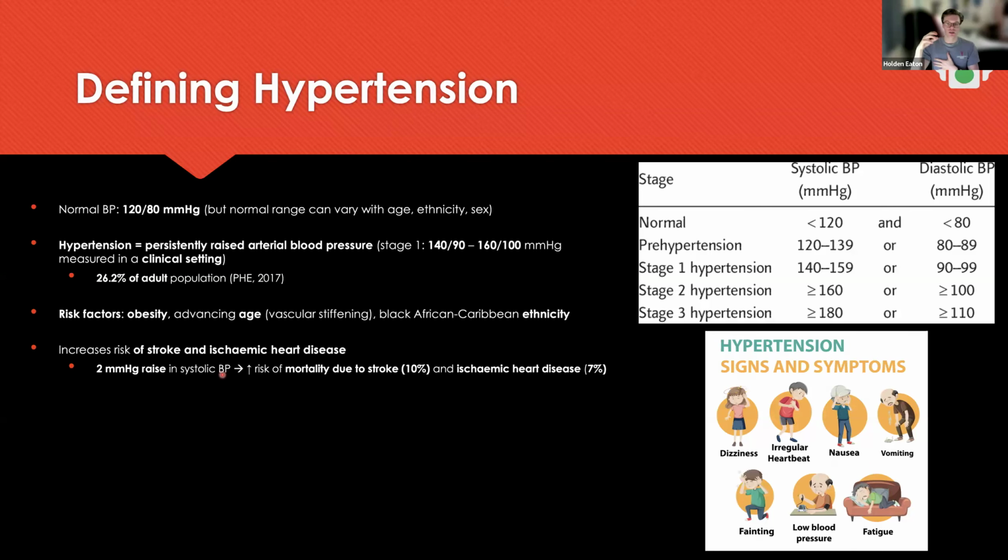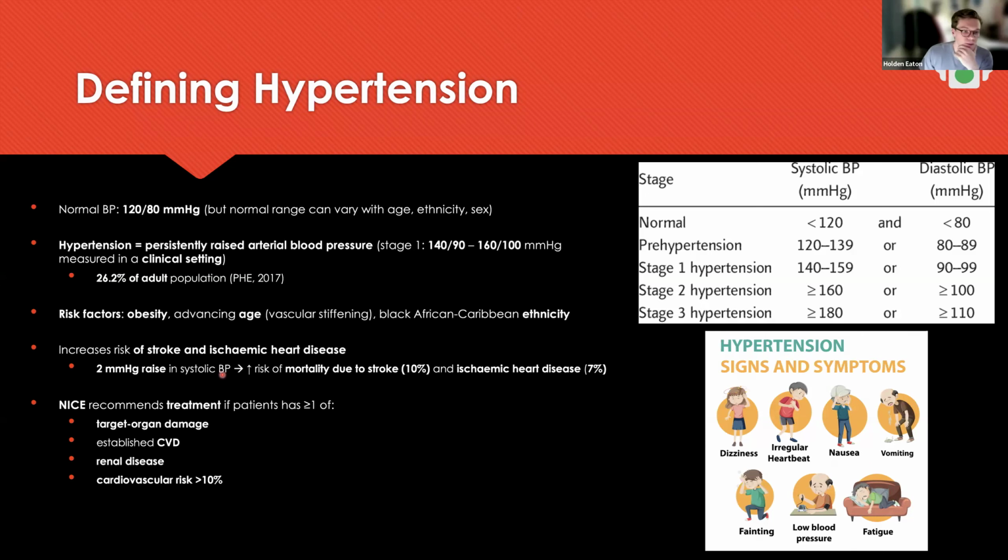Shear stress is converted to inflammation through some inflammatory cascades, which you might learn about in third year. And that kicks off the start of atherosclerotic development. And therefore you get bigger atherosclerotic plaques forming, which can break off and cause a stroke. And you also get ischemic heart disease.